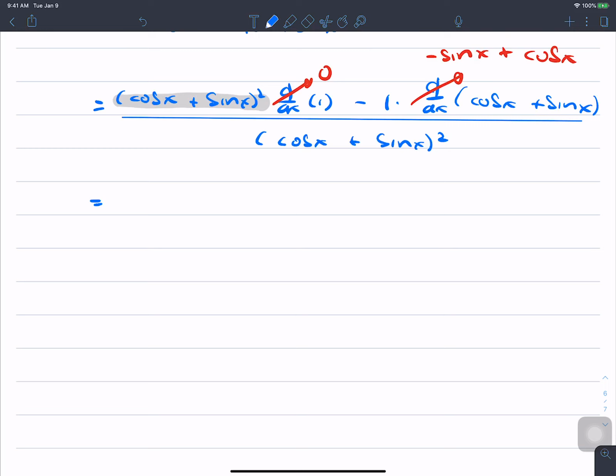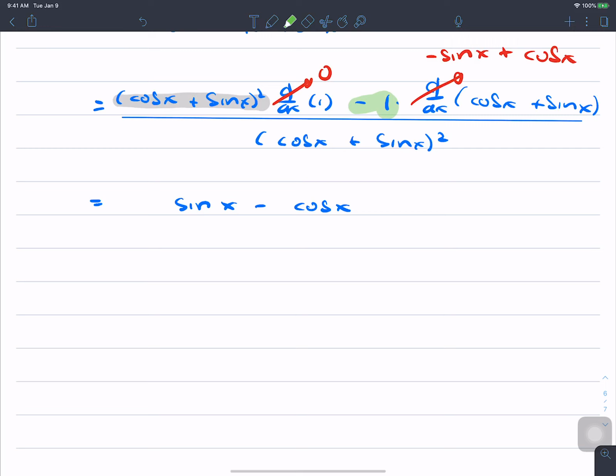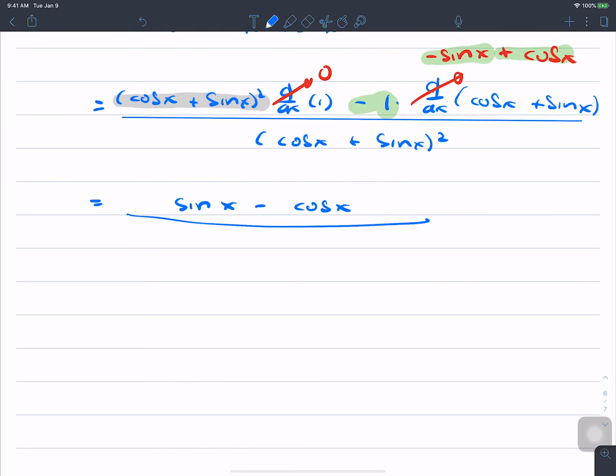And this will be minus 1 times the derivative, which is minus sine x plus cosine x. So we're going to take negative 1 multiplied by a negative sine x, which will be positive, and then a negative times a positive is negative cosine x. Over cosine x plus sine x squared.